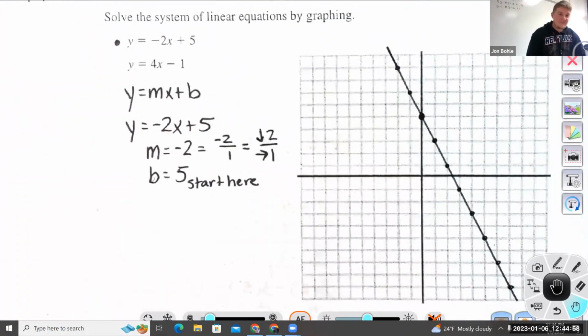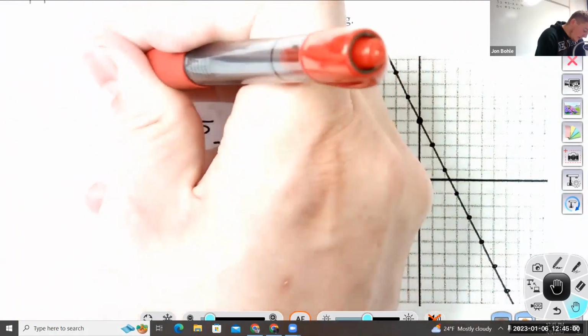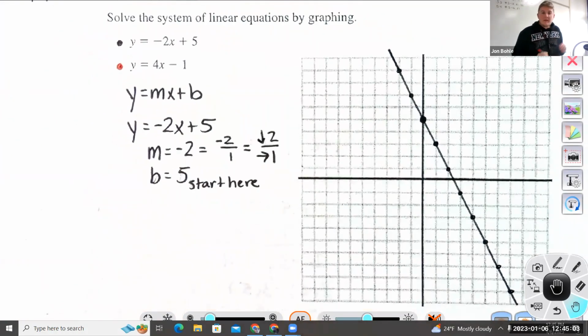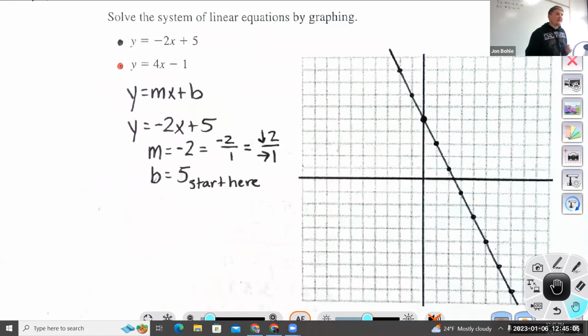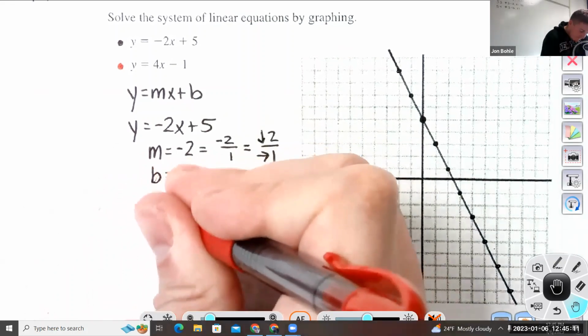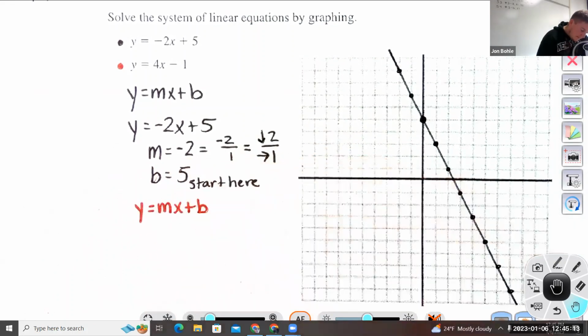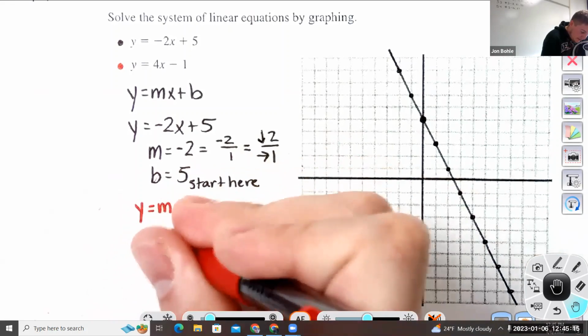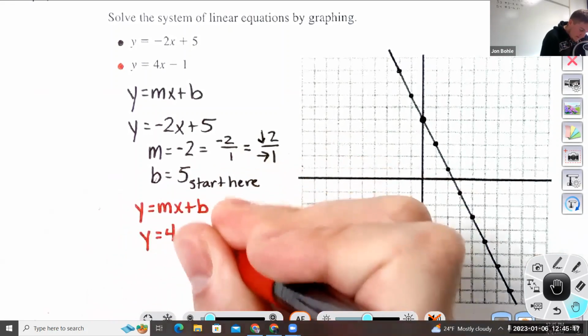All right, let's do the second one. I'm going to refer to this one as the red one. Okay, what form is it in? Yep, y equals mx plus b. So that means y is equal to 4x minus 1.